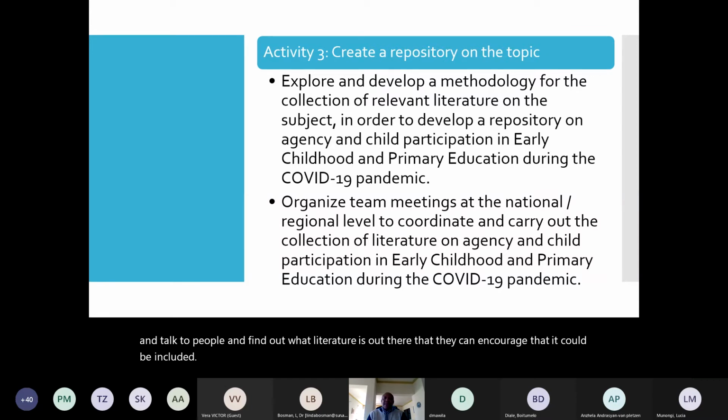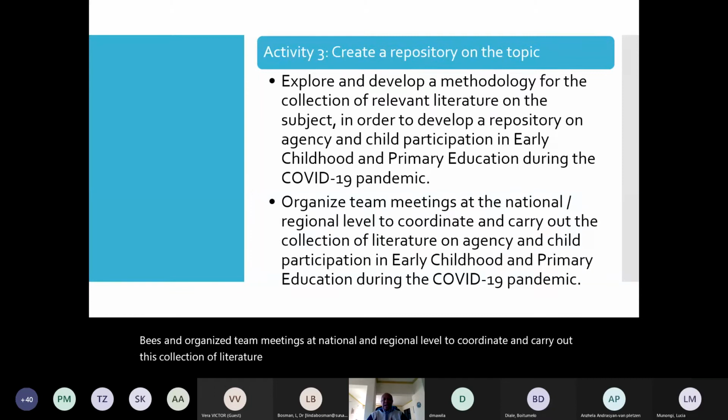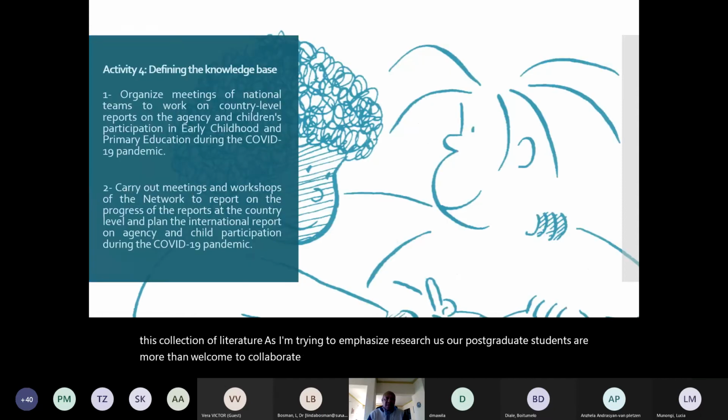And organize team meetings at national and regional level to coordinate and carry out this collection of literature. As I'm trying to emphasize, researchers and our postgraduate students are more than welcome to collaborate with us in this issue.